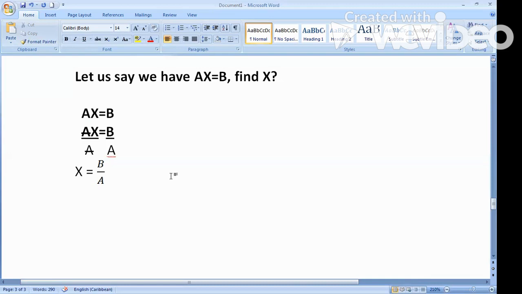So X is equal to B over A. But if A, X, and B represent matrices, we couldn't use this method.